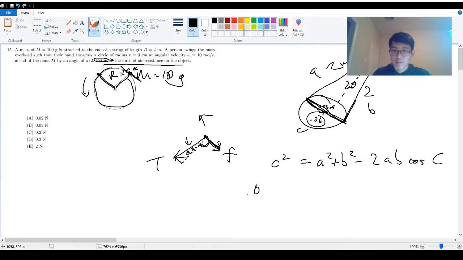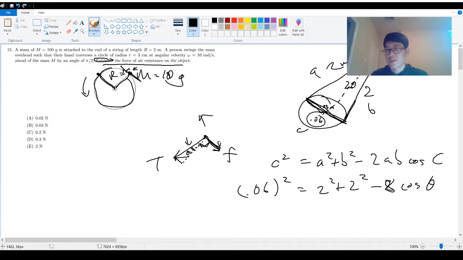So we plug that in: 0.06 squared is equal to 2 squared plus 2 squared minus 2 times 2 times 2, that's 8, cosine of, I'm just going to call this theta n. Once you solve this out, 0.06 squared minus 4 minus 4, divided by -8, and then the inverse cosine of that.